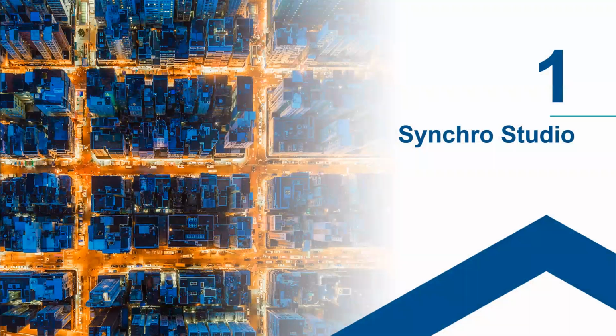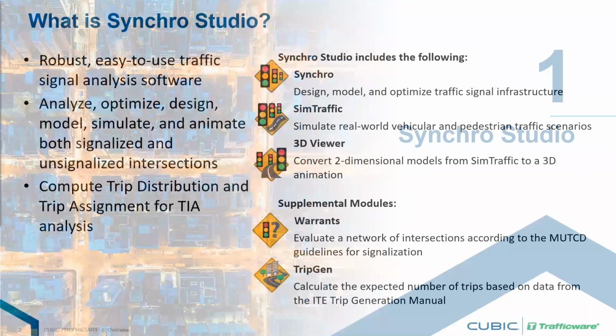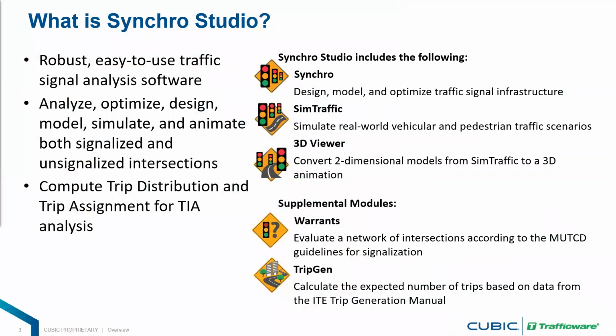So, Synchro Studio. Synchro Studio is a robust, easy to use traffic signal analysis software. I mention traffic signal analysis software because this is what Synchro was originally made for. But today, Synchro also supports unsignalized intersections as well as roundabouts.